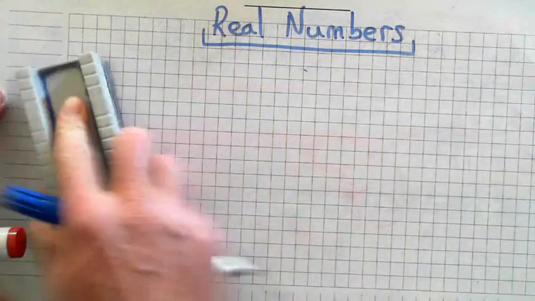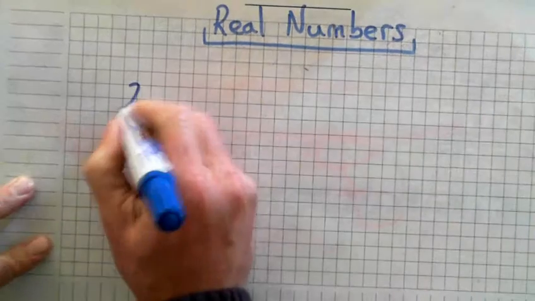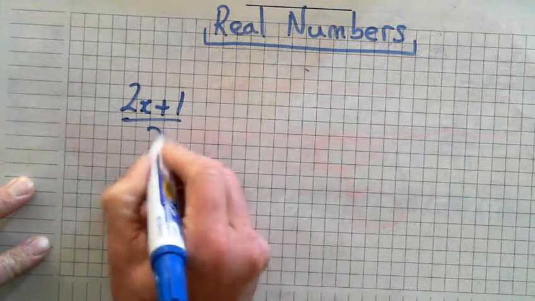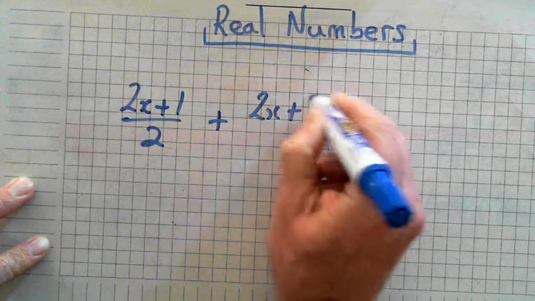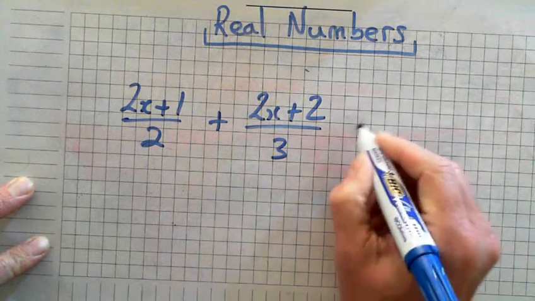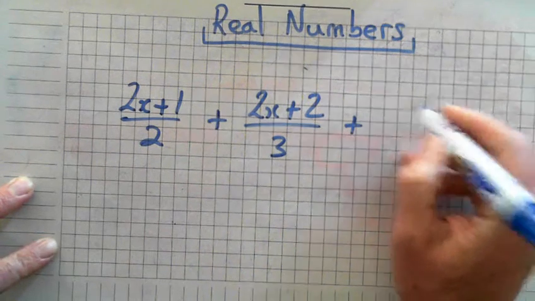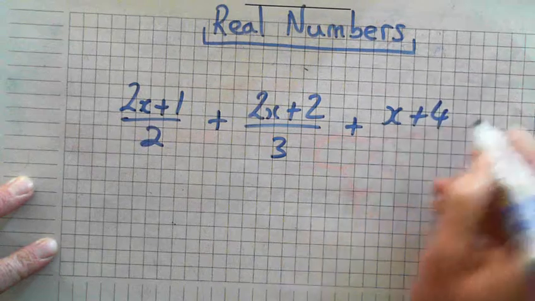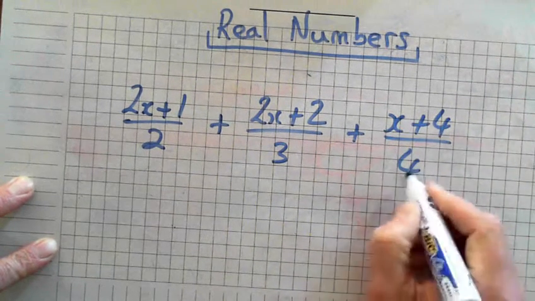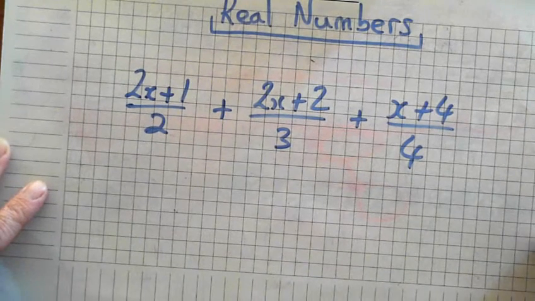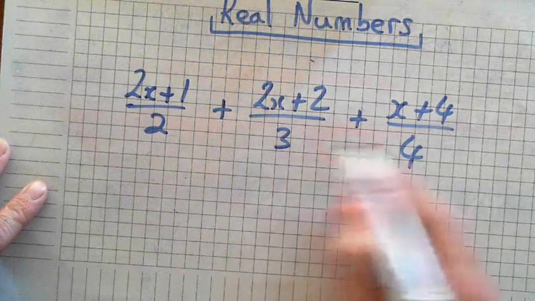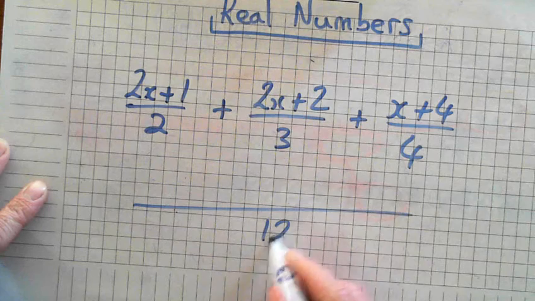2, 4 and 3. So let's say we had 2x plus 1 over 2, plus 2x plus 2 over 3, plus x plus 4 over 4. So where did we use the multiples? That's where we used the LCM to find the LCM of 2, 3 and 4, which was 12.